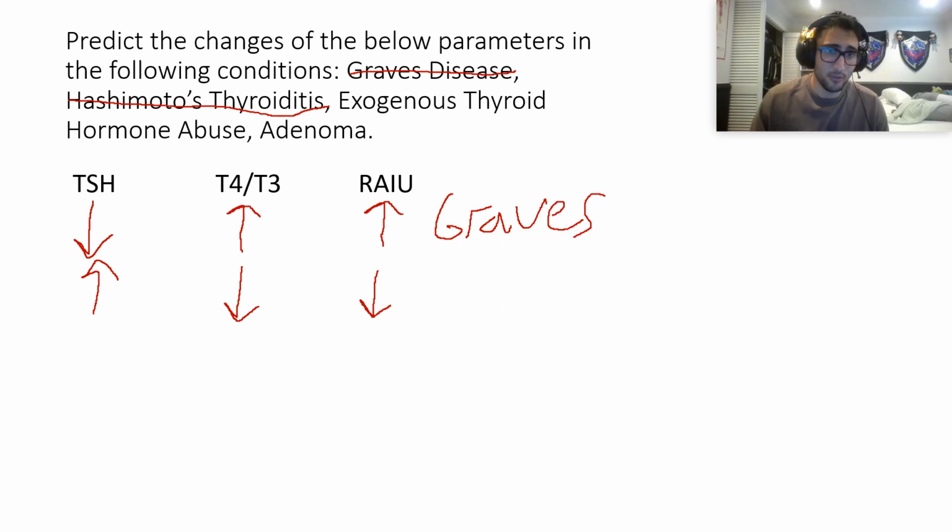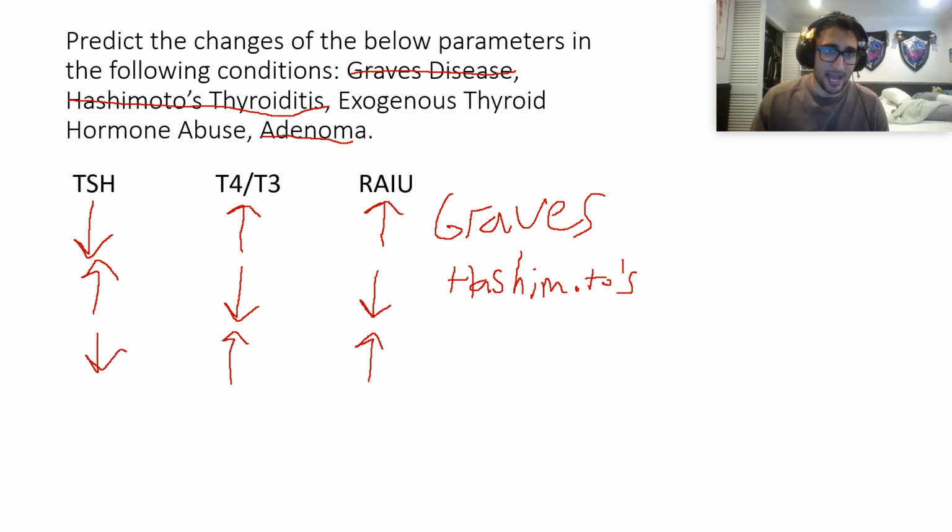For an adenoma, let's say you have a tumor secreting thyroid hormone. T4 and T3 and radioactive iodine uptake are going to be increased, but TSH is going to be decreased, similar to Graves' disease.